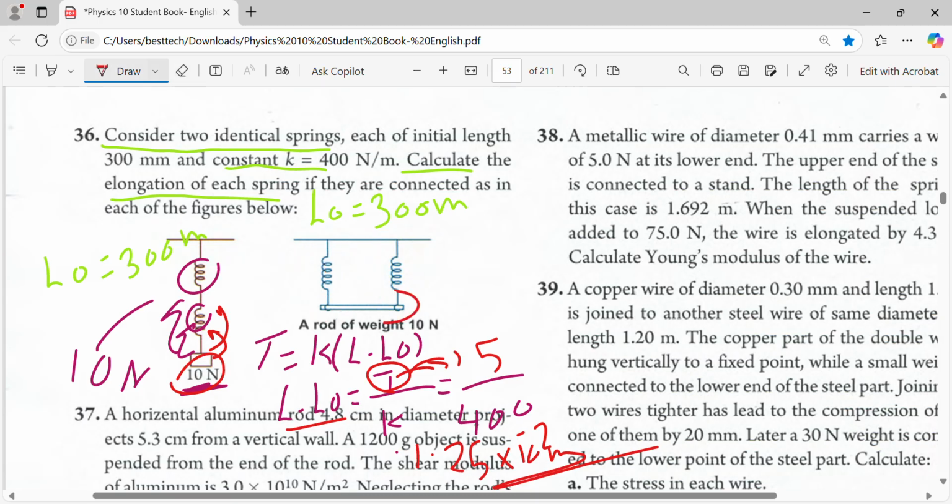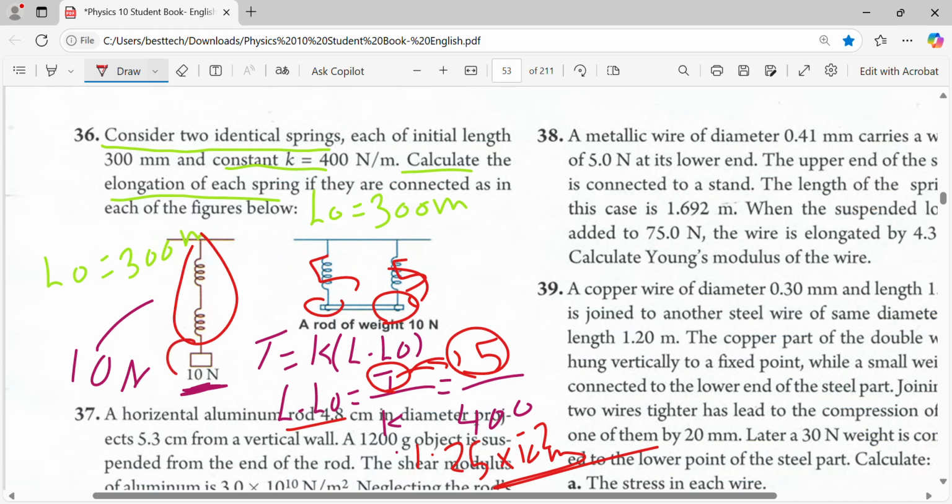On the first side, the spring is suspended by this side and takes 5 Newton, and the left side takes 5 Newton too. That's why the total is 10. So divide the tension by 2. So instead of the T, directly write 5. But in the previous part, we directly wrote 10. Why? Because both of them are connected by this object. So for both it's 10. That's why.